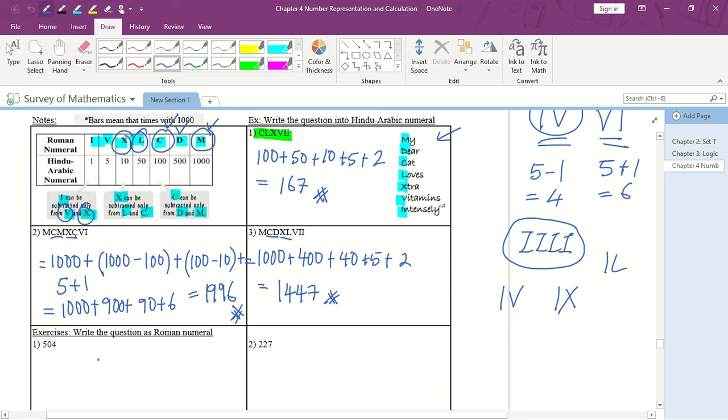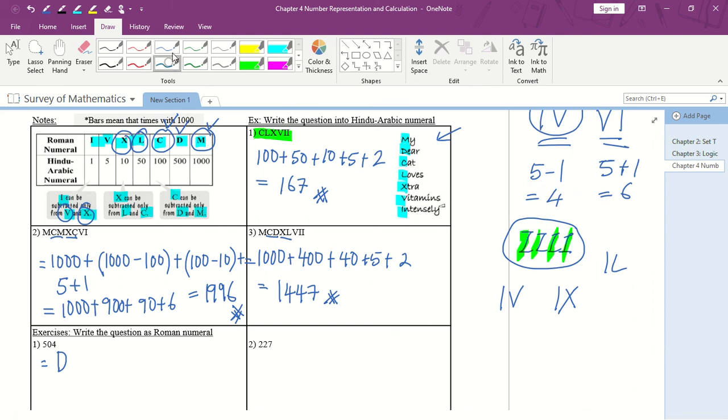Then we can write here D. Okay, and D means 500. So 504 minus 500, we still have 4, which means we need to use Roman numerals to form a 4. I believe you might think, for 4, we can do 1, 1, 1, 1. But remember, if we have a simpler way, then we should go for that.